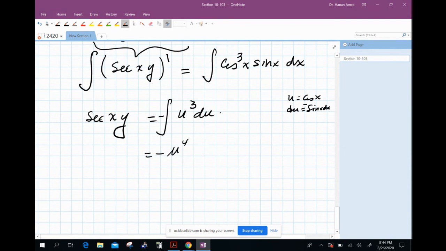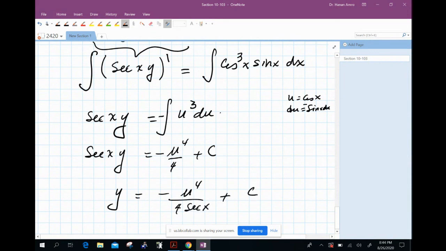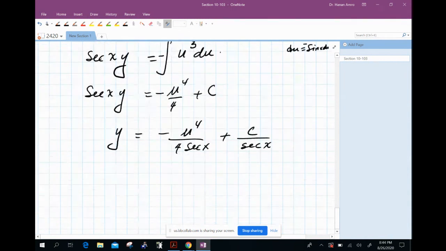U to the fourth over 4 plus c, and that's equal secant x times y. Therefore, y is equal negative u to the fourth over 4 times secant x plus c times secant, divided also by secant x. Now let's see what's u.